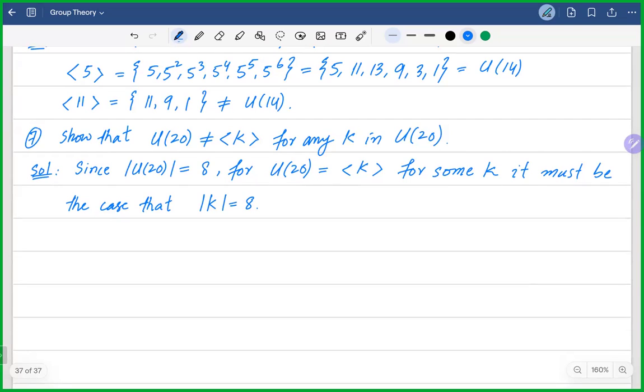But the elements inside U20 have these orders.